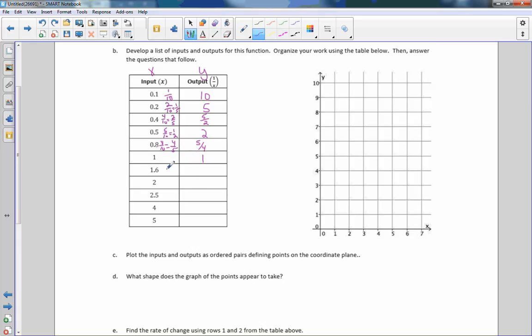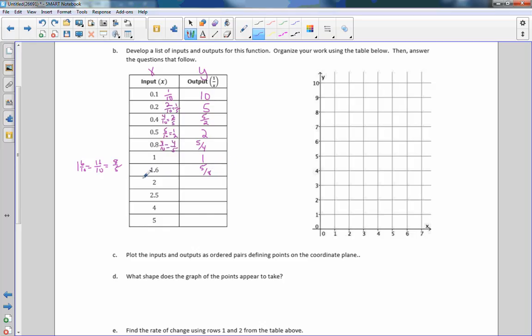1.6 is 1 6/10. So let's do this over here. 1 6/10. Multiply 10 times 1 plus 6 is 16/10, which equals 8/5, and then we flip it. So this is 5/8. Okay, hopefully you're understanding how I'm getting these output values.